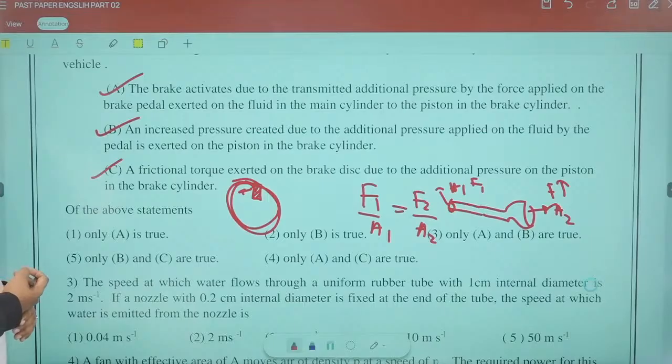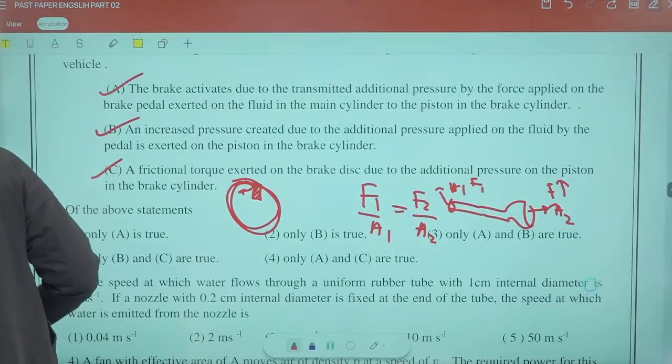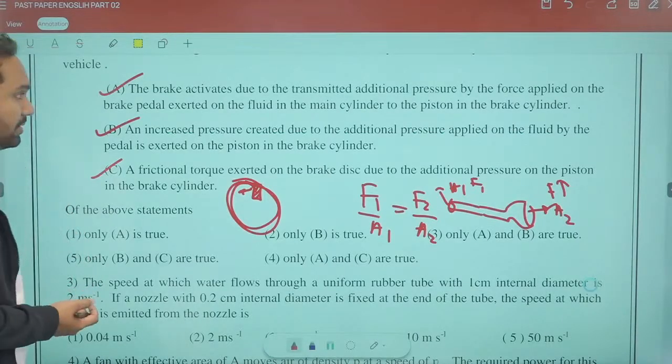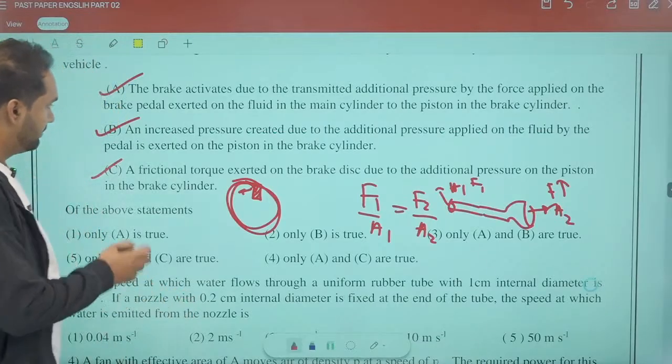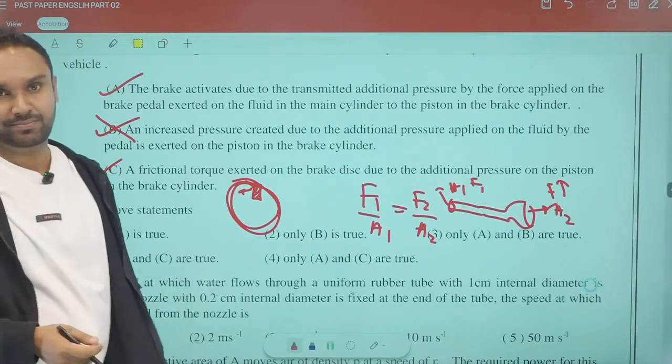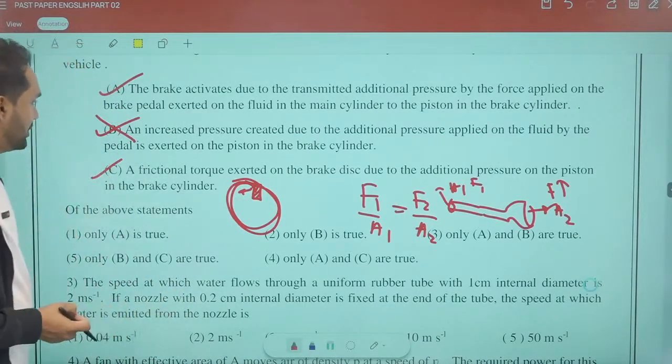As per the question, this is what it explains, right? It seems to be true to me, but this statement is false, right? So it seems to be true to me.